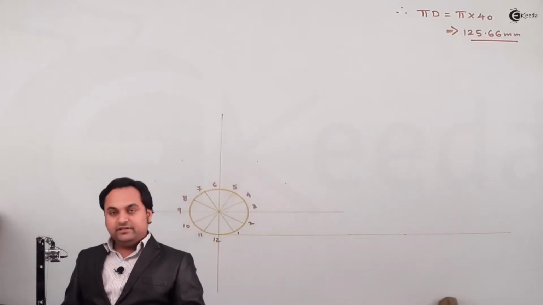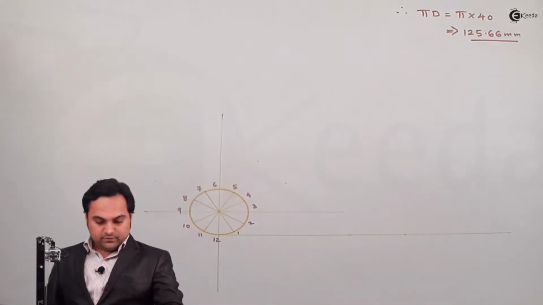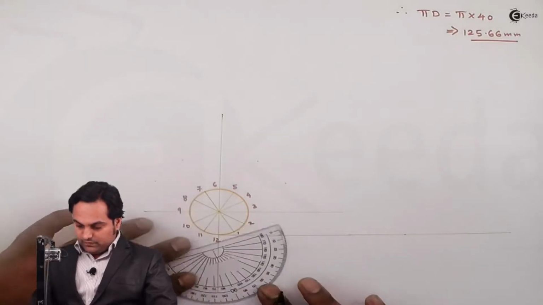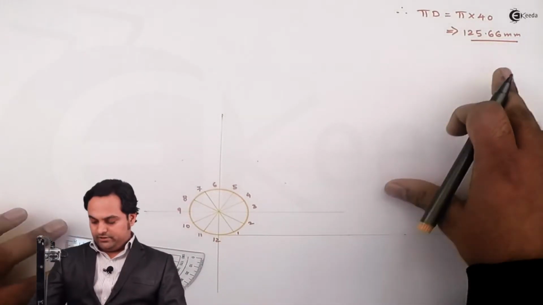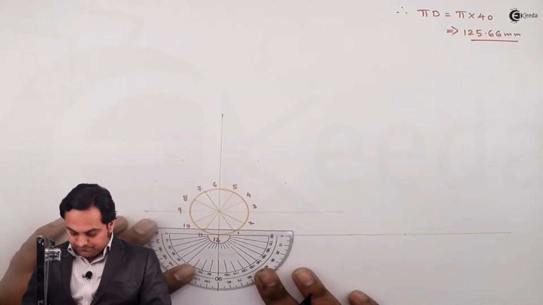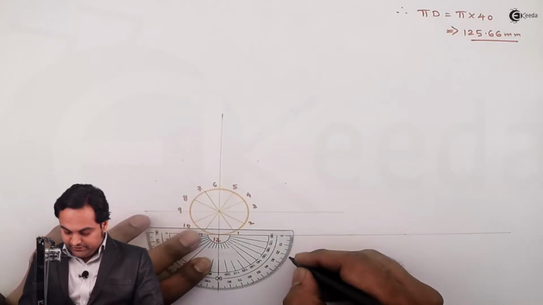Then I'll divide this into 12 equal parts. For that, since it is a decimal number, here I'll divide it into 12 equal parts by taking an acute angle between 15 to 20 degrees. I'm taking it as 20.